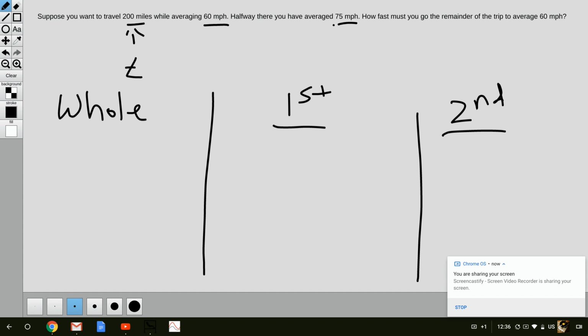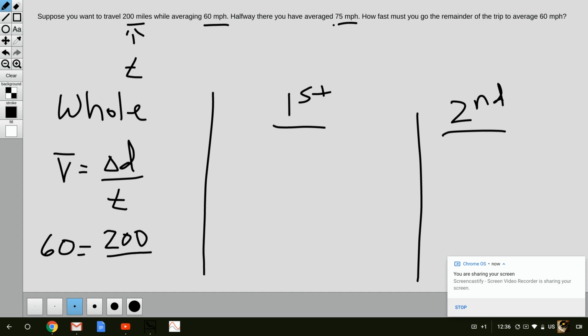So when we're taking a look at the whole trip, we just need to run through this equation right here, where velocity equals delta D over T. Right? Now, plugging in, we know that the velocity needs to be 60. We know that the displacement is 200 miles, and we don't know T. So if we solve for T, it will be 200 divided by 60, which, if I'm doing this correctly in my head, comes out to be 3.33.